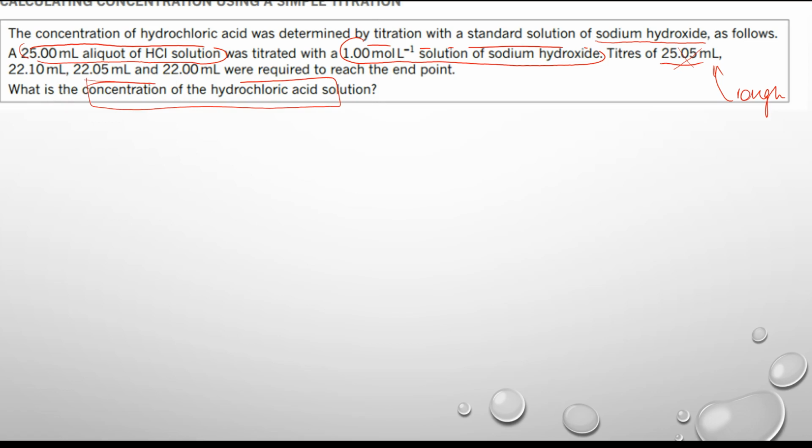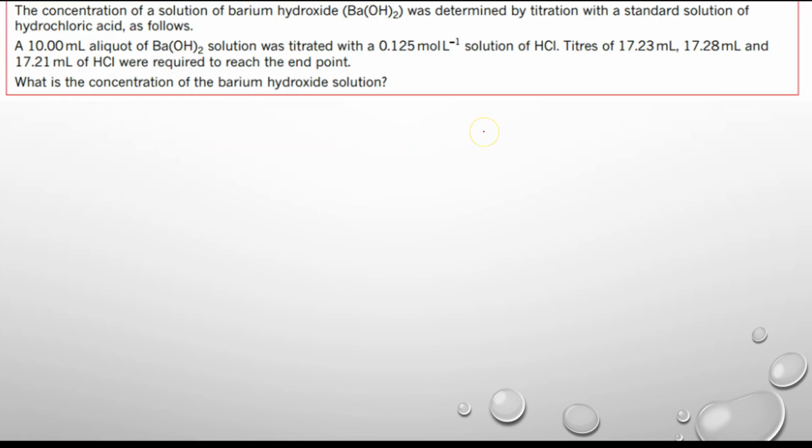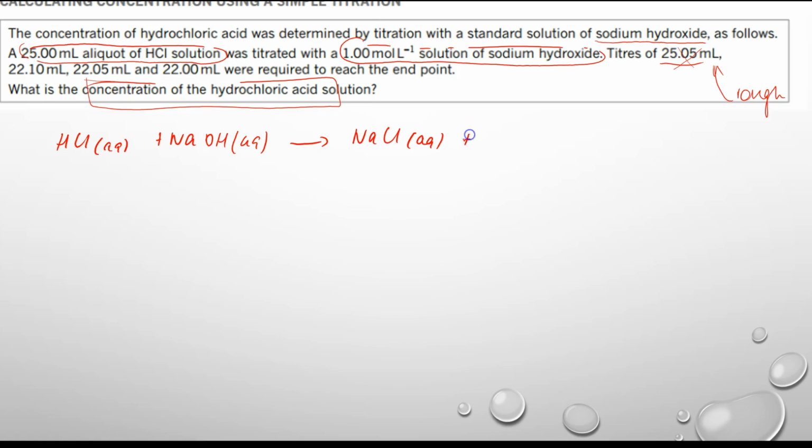So let's start with following those steps and write a balanced chemical equation. So we're starting with HCl, aqueous, reacting with sodium hydroxide, also an aqueous solution, forming NaCl, which again, using our solubility rules, we know that that's aqueous as well, plus our water, which is a liquid.